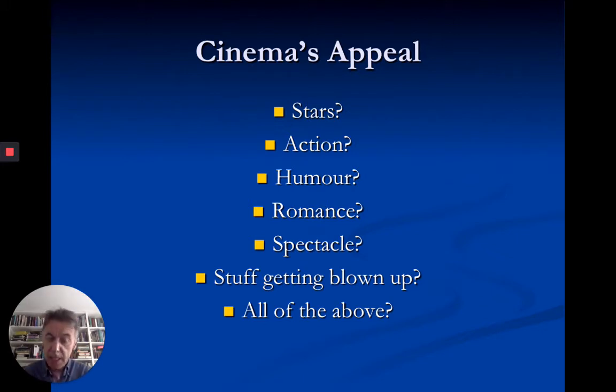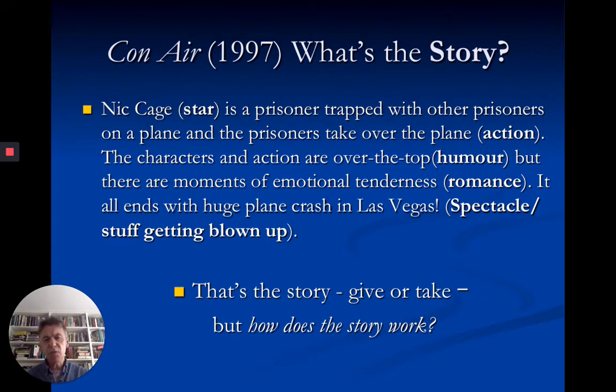And perhaps you're sitting watching this and thinking, of course we're looking for something that ties these things together, and that thing is the story. And to give you an example, we can see how the story brings those elements together. My example is one of my favourite films, Con Air, in which we have a star, Nick Cage.